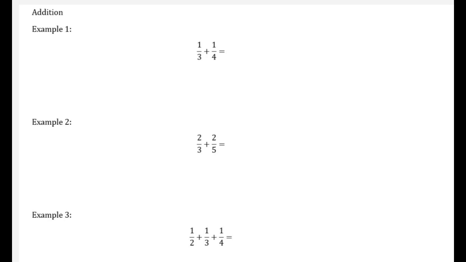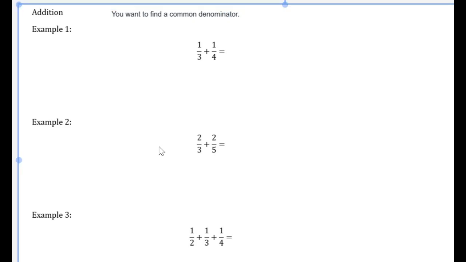And what you want to do when doing addition of fractions is find a common denominator. So what's a common denominator? A common denominator is a common multiple of the denominators, and the denominators are the bottom part of the fractions.